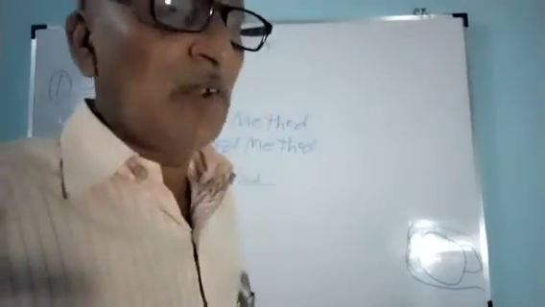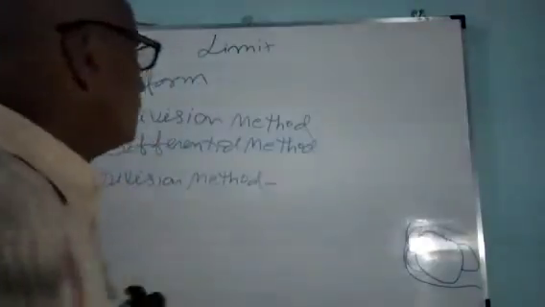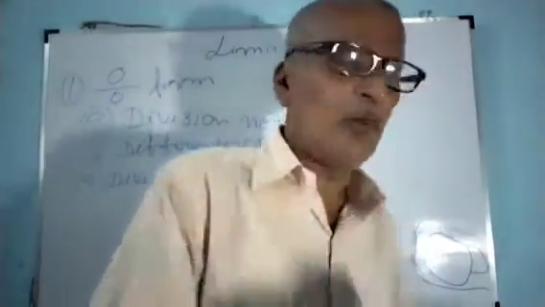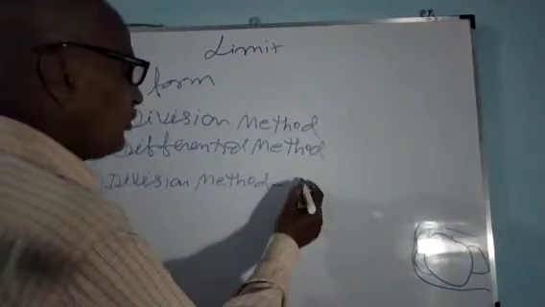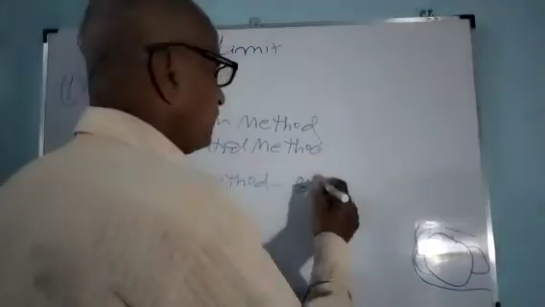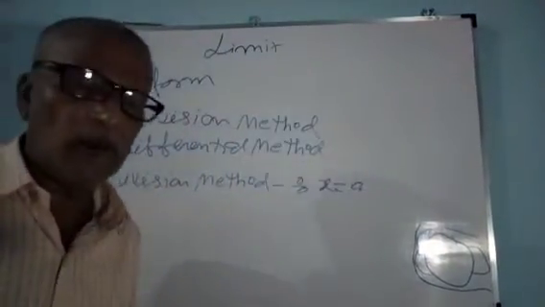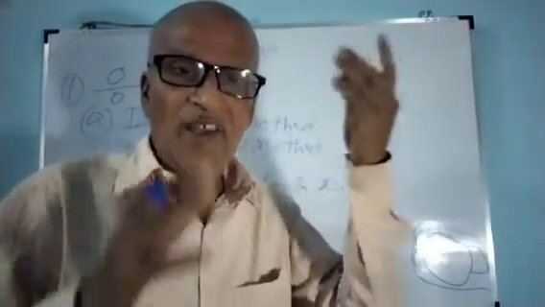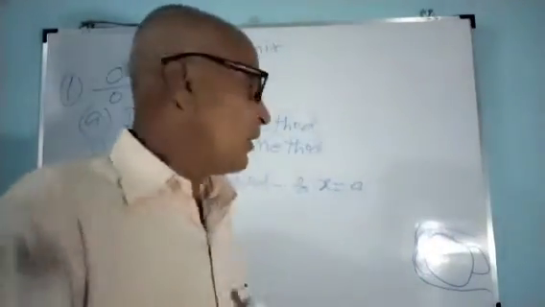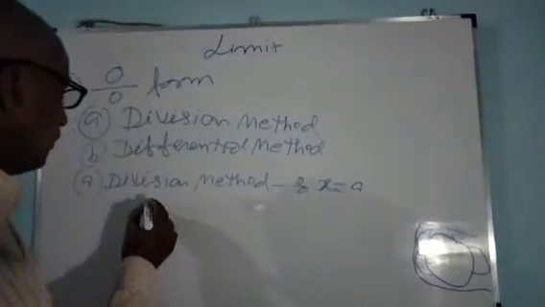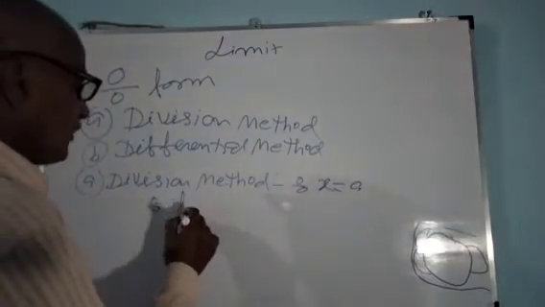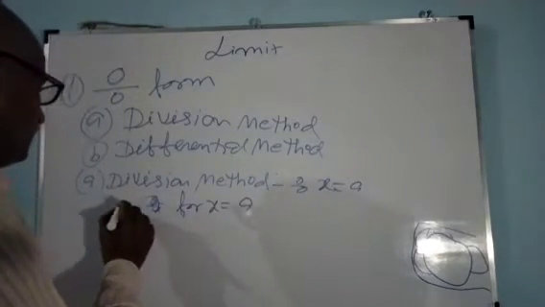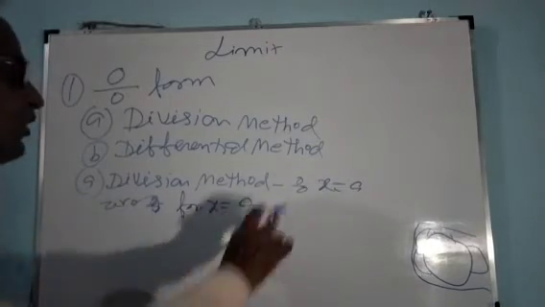If the function takes this form 0 by 0 for x is equal to a, then there must be a common factor in the numerator and denominator of the function which becomes 0 for x is equal to a.